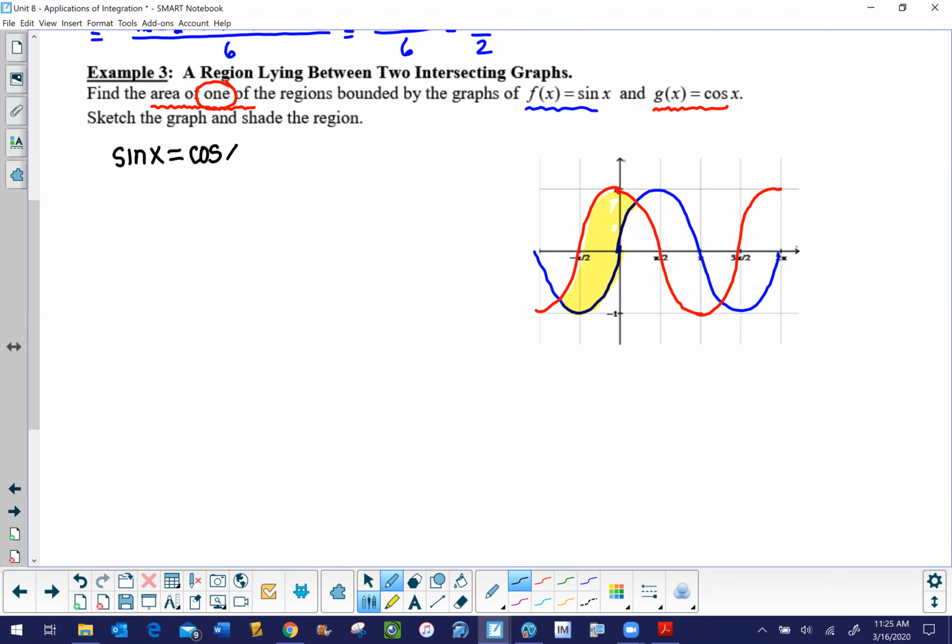A couple of things you can do. You can think to yourself, when does sine equal cosine? You can use that hand trick from trig. Sine and cosine equal each other in the first quadrant at pi over 4. I know that because they're both positive there.